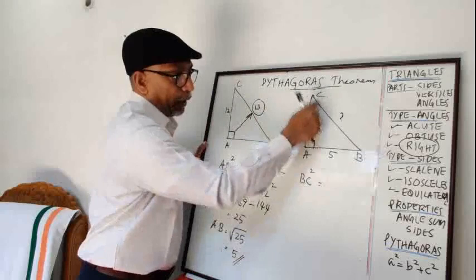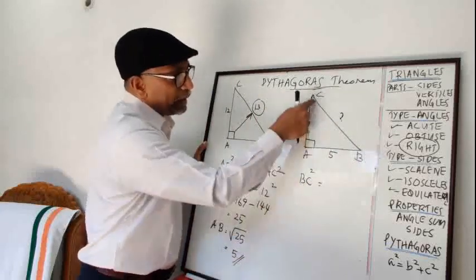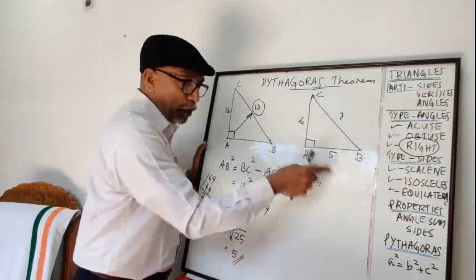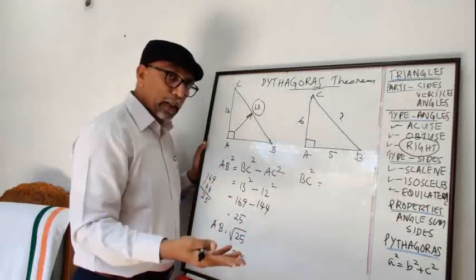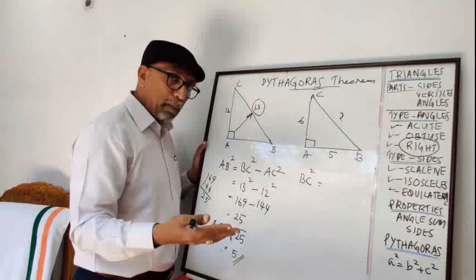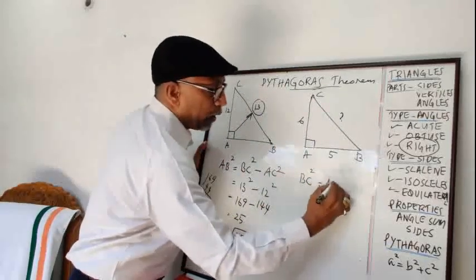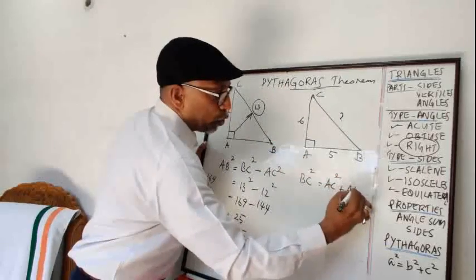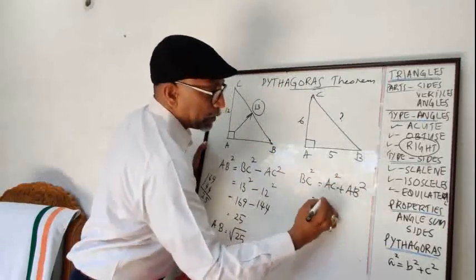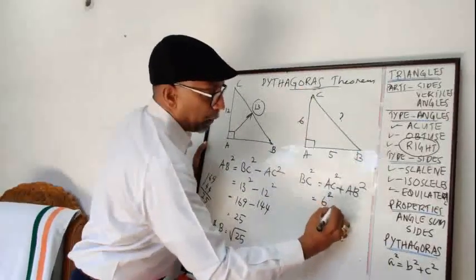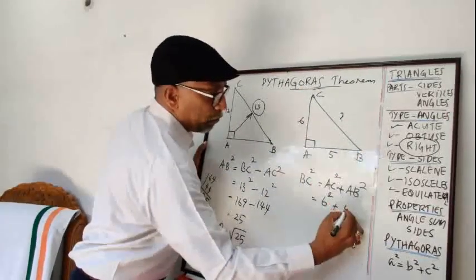So BC square is equal to, this is a bigger one. So the sign between these two is going to be plus or minus. The bigger one can be obtained by adding the other smaller ones, right? So AC square plus AB square. AC square is 6 square plus AB square is 5 square.